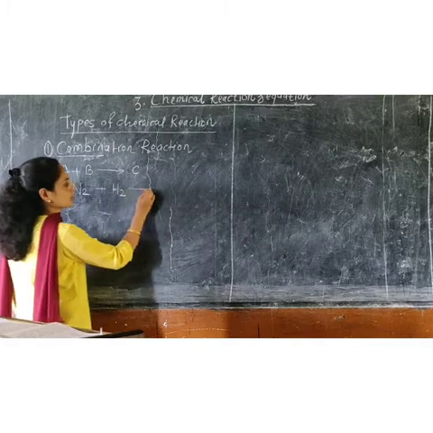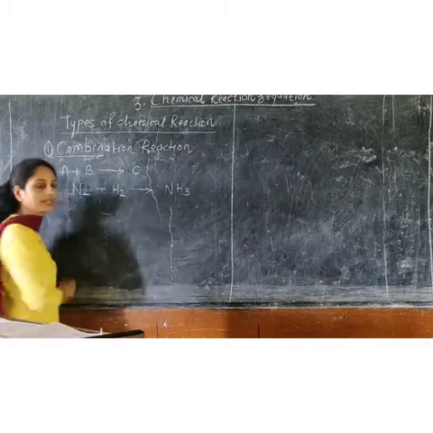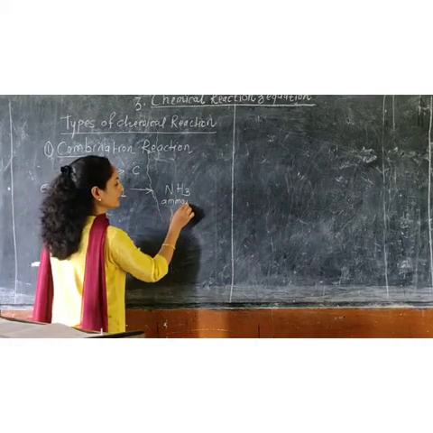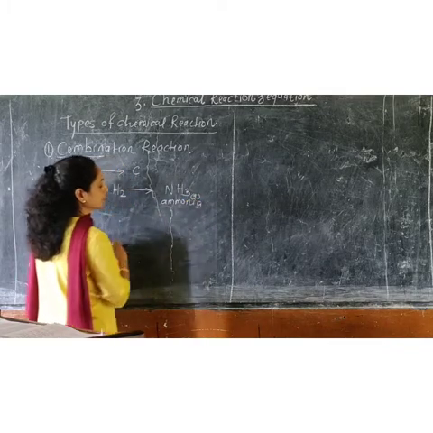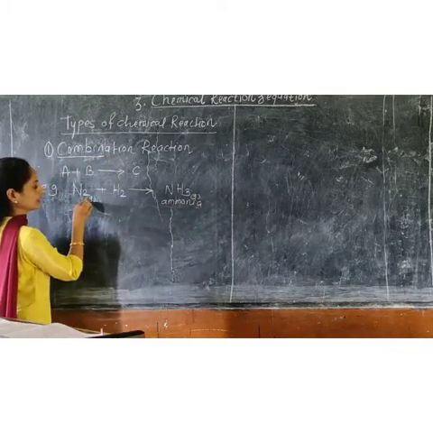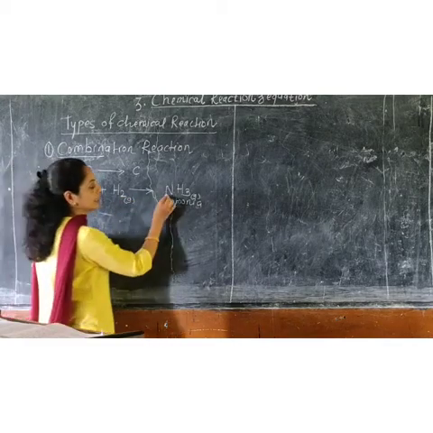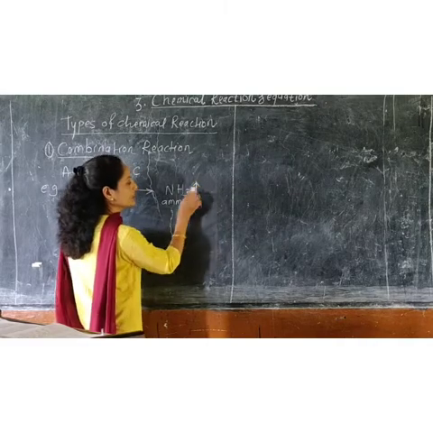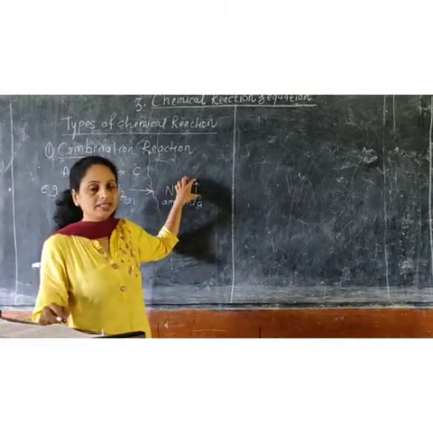Hydrogen is H2, that forms ammonia, NH3. It is in a gaseous form. Nitrogen is in a gaseous form, hydrogen is in a gaseous form, so an upward arrow is written here.